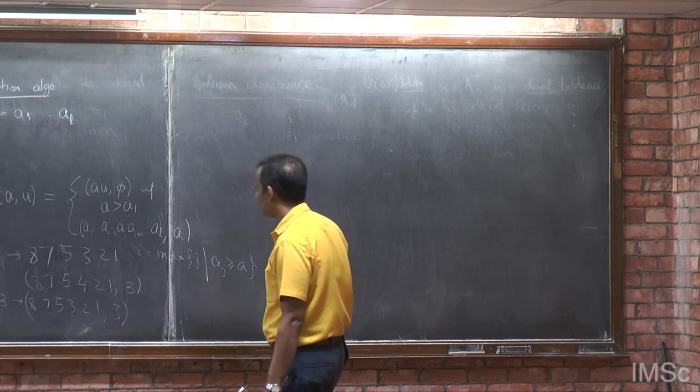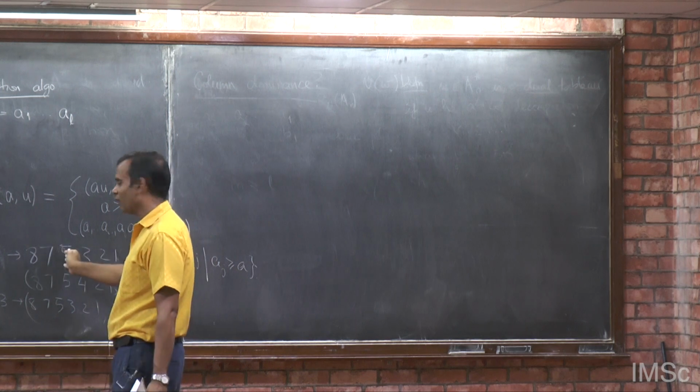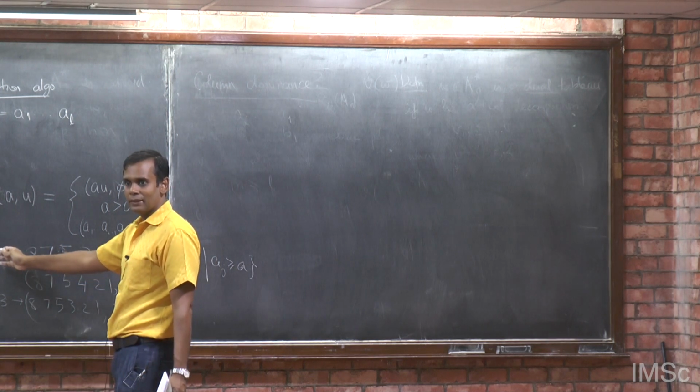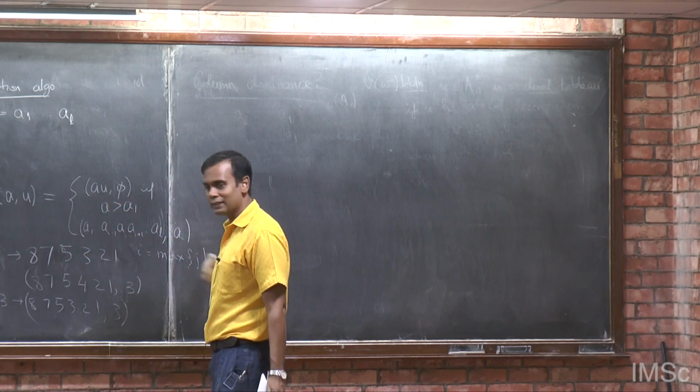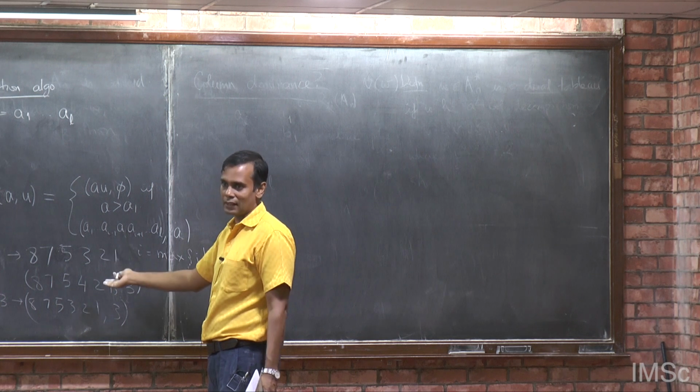Wait a sec. So, if A is greater than all these, then it just goes on the left, right. If not, then some of these things are greater than or equal to A, and I look at the last one.